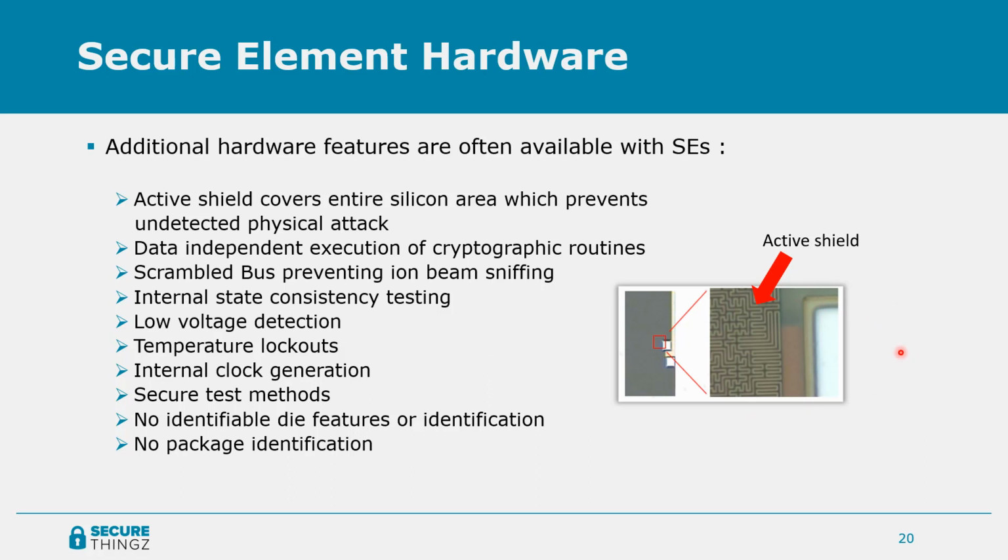It has low voltage detection on the pins, which can be used to maybe access the device. It has temperature lockouts, internal clock generation, so that it is not susceptible to clock changes from the outside world. It has secure test methods. Oftentimes there's no identifiable die features or identification on the die, and also no package identification.